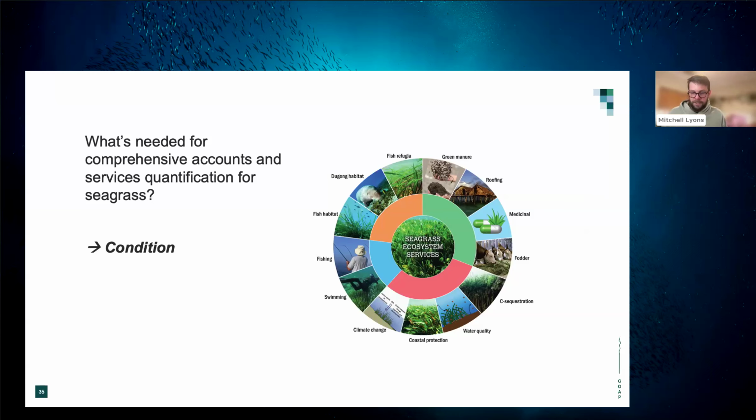It's obvious, but it's the same as if you're thinking about mangroves or salt marsh or anything like that. Condition is really important for starting to figure out what some of those services might be. Carbon is a really good and common example, but there are plenty of others too, like fish recruitment, coastal protection, water quality, all those kinds of things. And this is really where the frontier of seagrass mapping is.